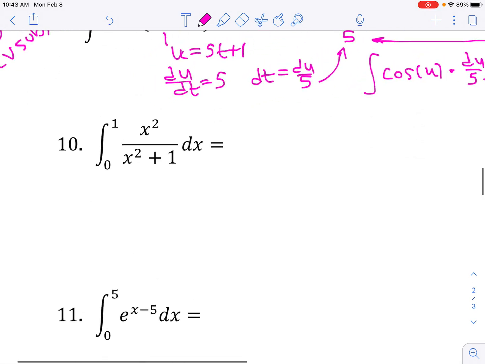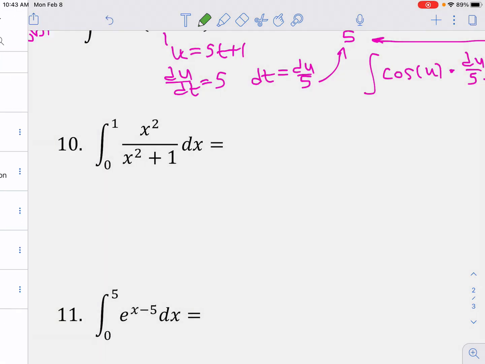All right, so number 10, we've got polynomial top and bottom. We've got the degree is equal. So this falls into the long division category because we have a degree in the numerator of equal or greater value.